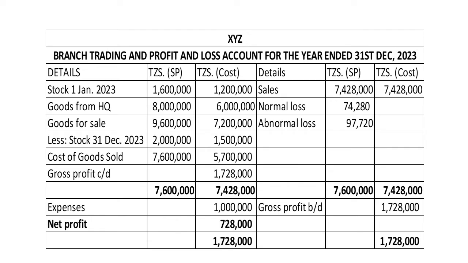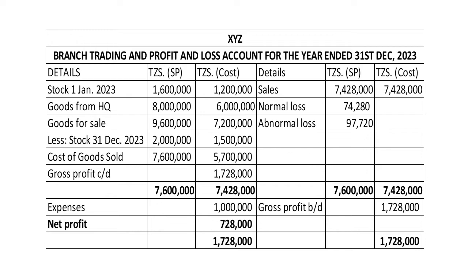We have a debit side and a credit side. On the debit side, we have two columns, a column for selling price and a column for cost, and likewise we have the same columns on the credit side.